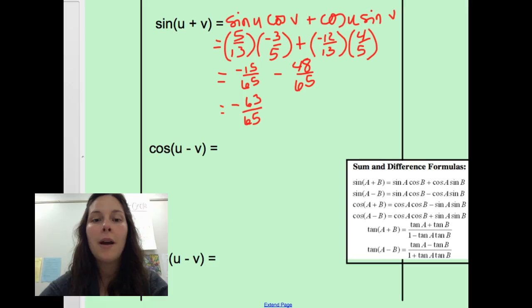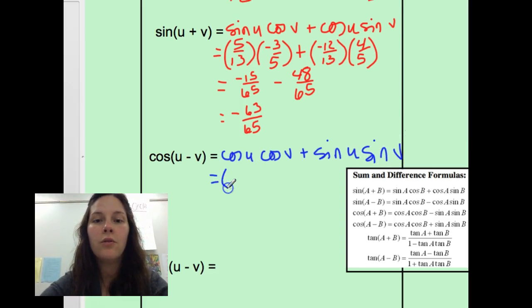Cosine of u minus v, so this will be cosine of u times cosine of v plus sine of u times sine of v. Cosine of u gives us negative 12/13. Cosine of v gives us negative 3/5.